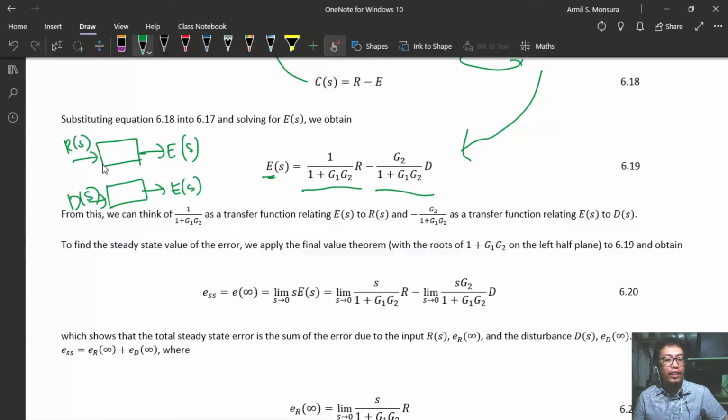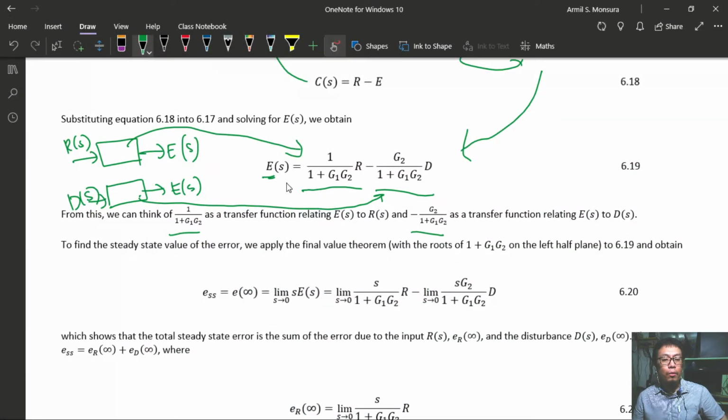The closed loop transfer function for R(s) is basically this factor. And the transfer function in terms of D(s) is negative G2 over 1 plus G1 G2. Pwede nating tingnan yun in that angle. Later on gagamitin natin yung argument na yan.